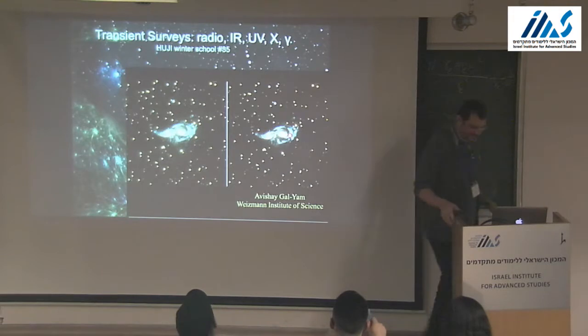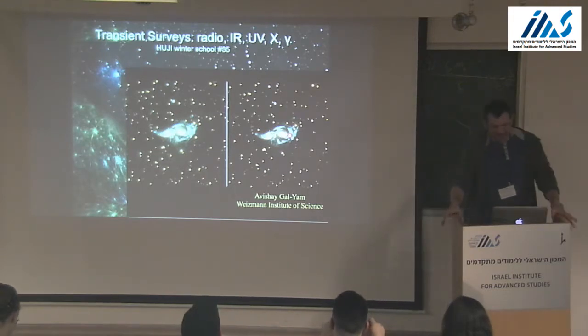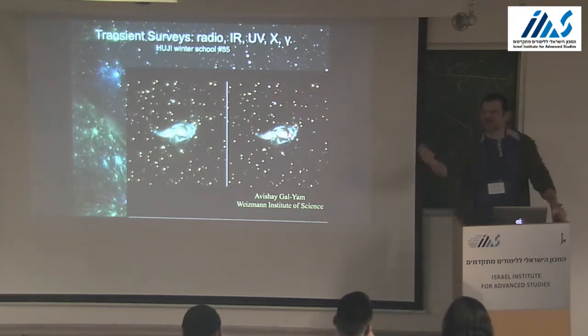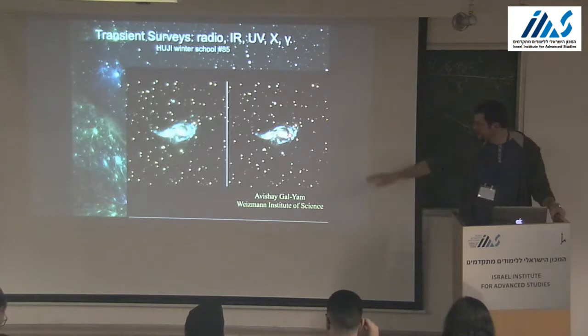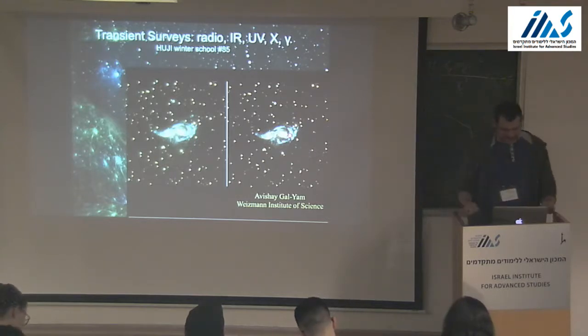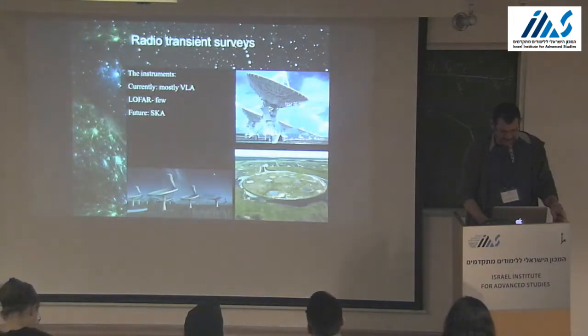That's the supernova. So you can practice at home finding supernovae in the UV. These are observations from the Swift satellite. But we will not start with the UV, even though it's my favorite wavelength right now.